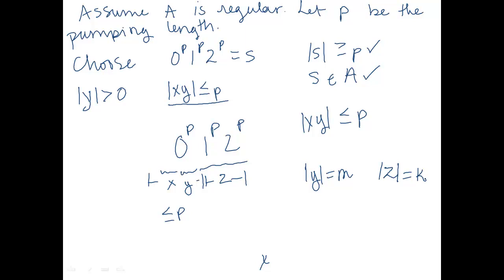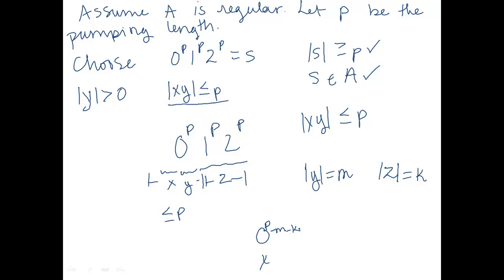The x piece is going to be all of the zeros from the beginning that aren't covered by y or z. So it's p minus m minus k. If I take the p zeros and give m of them to y and k of them to z, then x is the ones left over. It's going to be p minus m minus k.